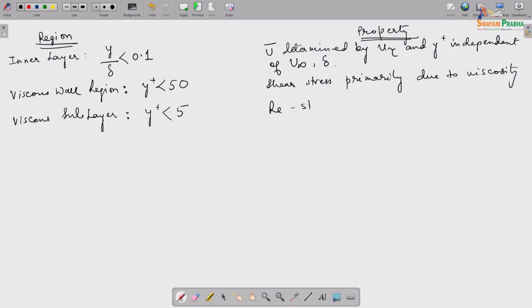You come even further down, closer to the wall, which is the viscous sublayer. Here it's very interesting that, of course, the shear stress is primarily due to viscosity, and the Reynolds stress becomes negligible, compared to the viscous stress, I guess.